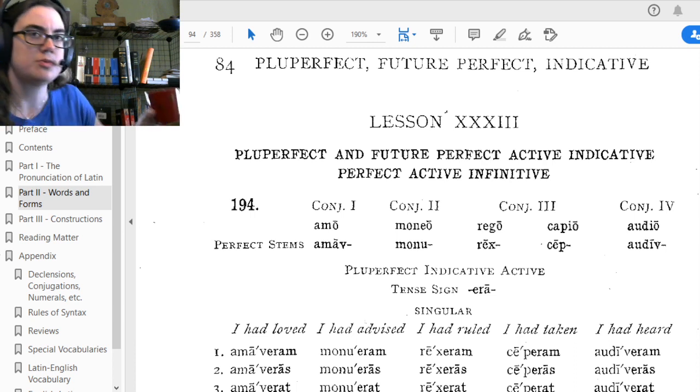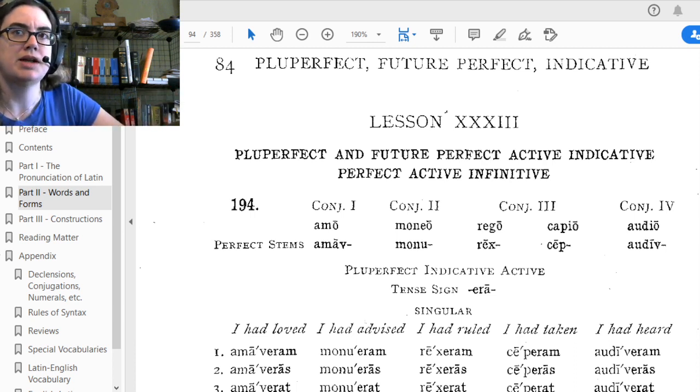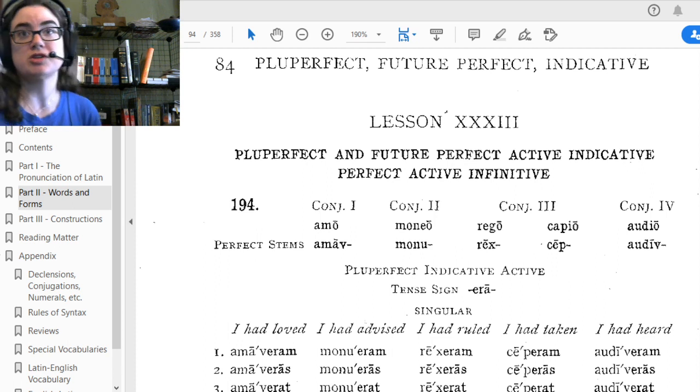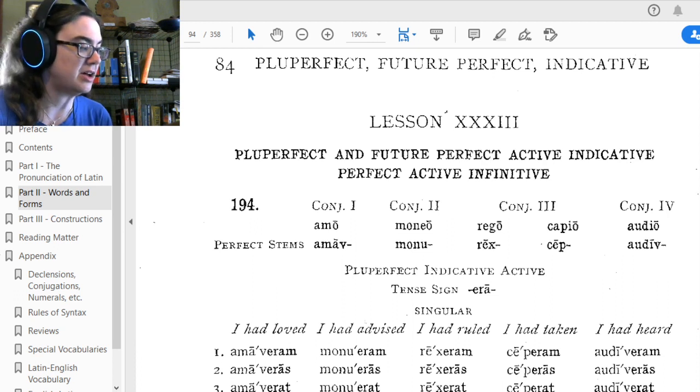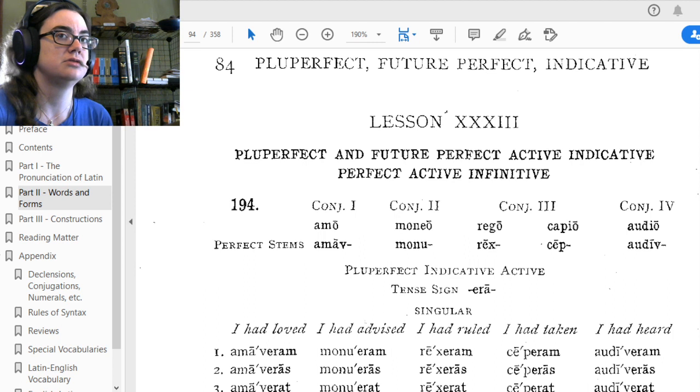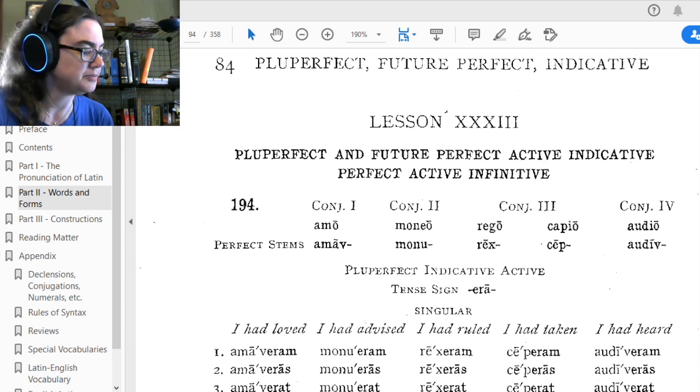I don't 100% remember where we ended last time, so we're just going to start here because it'll be a good recap place. On the pluperfect and future perfect active indicative of regular verbs, because we've already done the pluperfect and future perfect of the verb to be, we don't actually have to learn anything new. It's the exact same, because all verbs in the perfect active tense are regular.